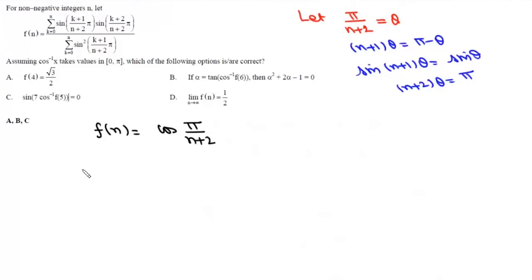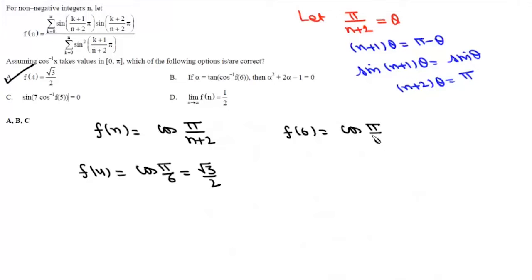So now we have our function fn, which is cos(pi upon n plus 2). Now the first part is f4. This f4 is cos pi by 6, and cos pi by 6 is root 3 by 2. That means option A is correct. Now f6 will be cos pi by 8.